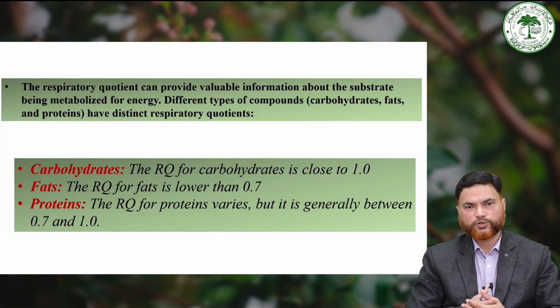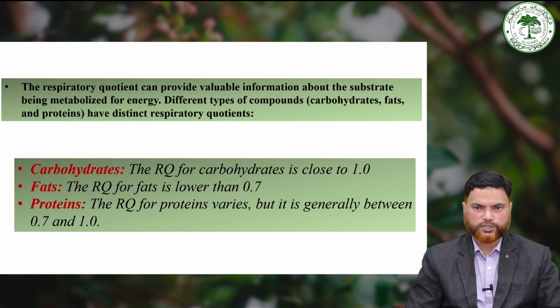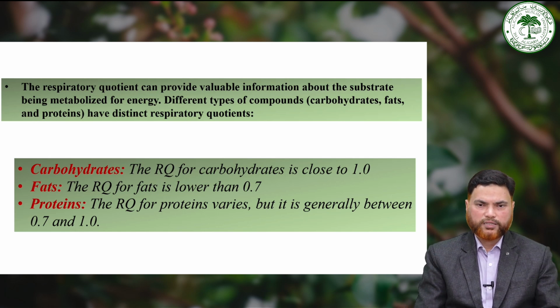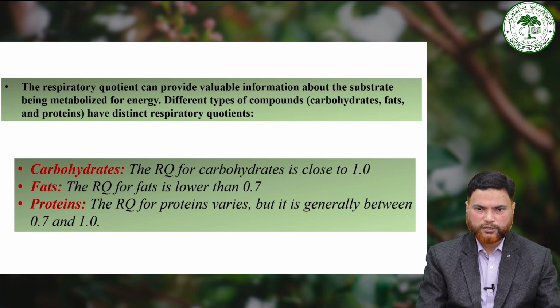The respiratory quotient can provide, as I mentioned, very important information about the kind of substrate being utilized for generating metabolic energy. Carbohydrates, for example, have an RQ close to 1.